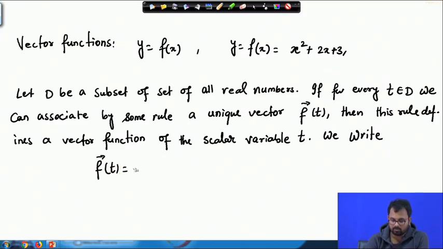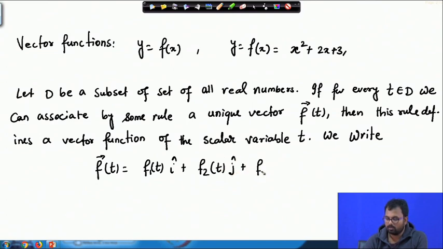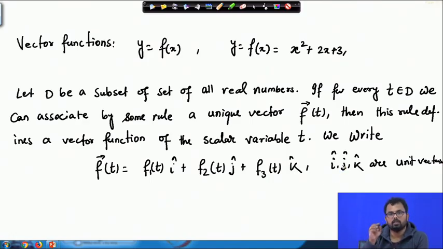So, we write f of t equals f1 of t i plus f2 of t j plus f3 of t k, where i, j, k are unit vectors, basically along the x axis, y axis and z axis.